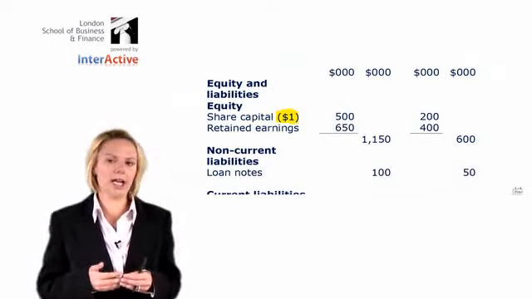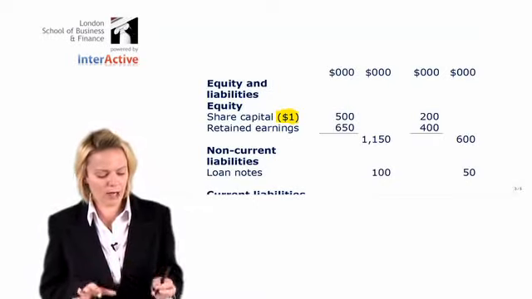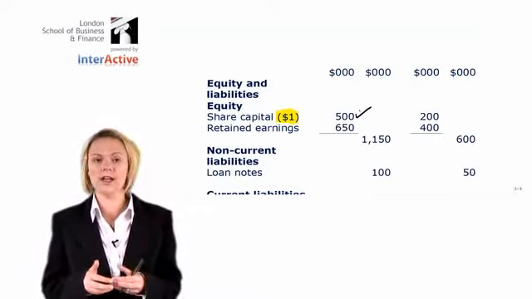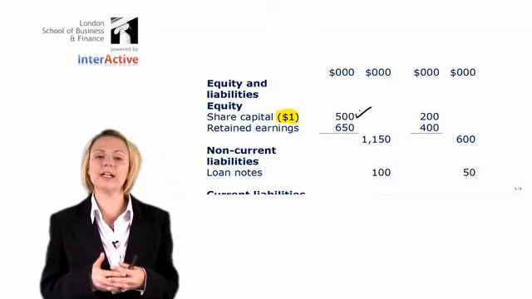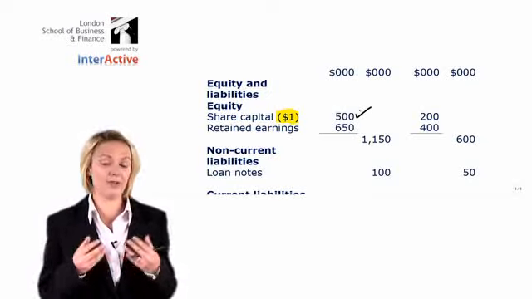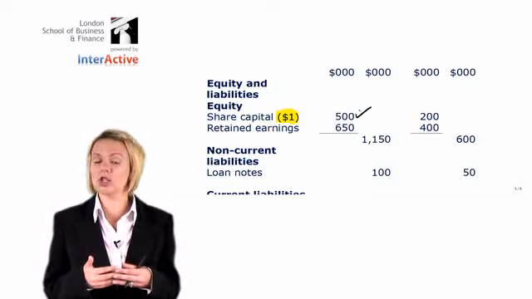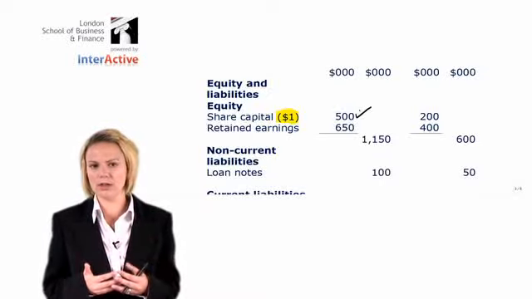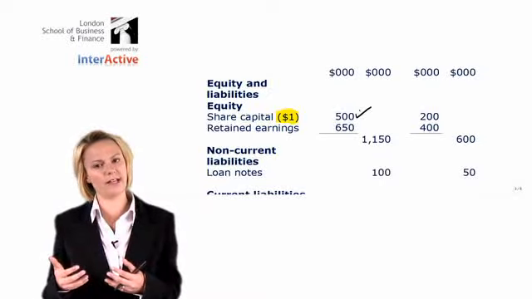So starting off with share capital then, remember that we only consolidate the parent share capital only. And that's because we're preparing the consolidated statement of financial position for the parent shareholders. And as such, they will only be interested in their investment, not theirs in the subsidiary investment.